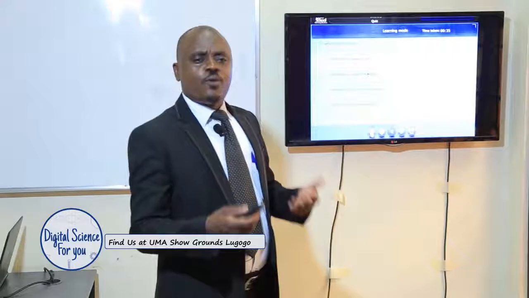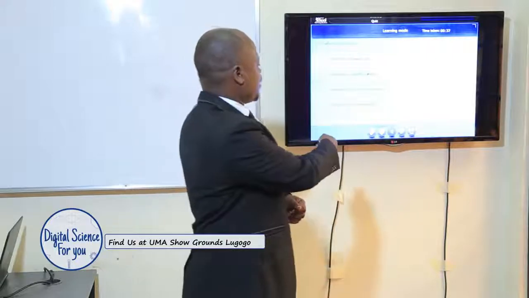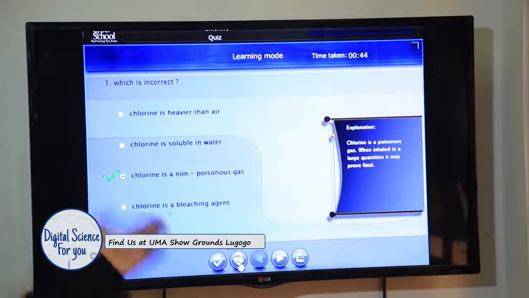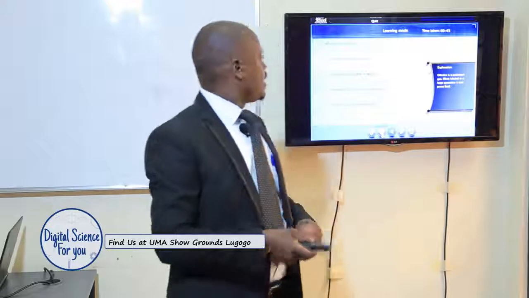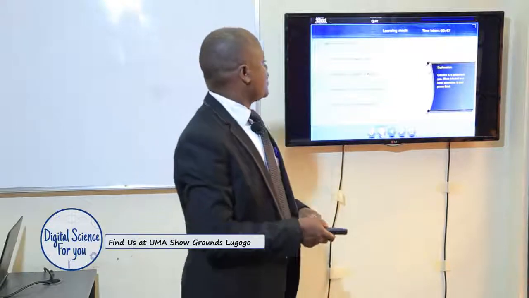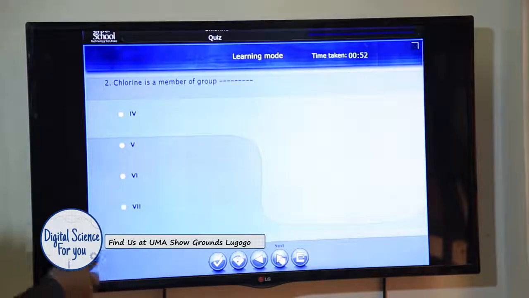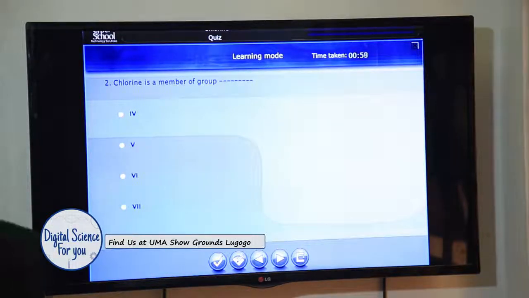Then why is it like that? You can check the explanation, and the explanation will be given to you, and that is how good Digital Science can be. Then you can have many other examples of questions. You answer them. For example, chlorine is a member of group. We know chlorine is a member of group 7 elements, so you click on group 7.